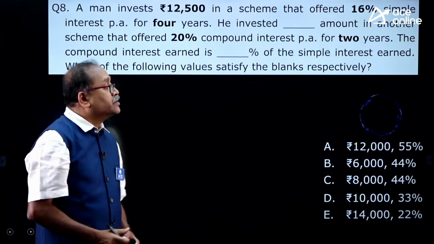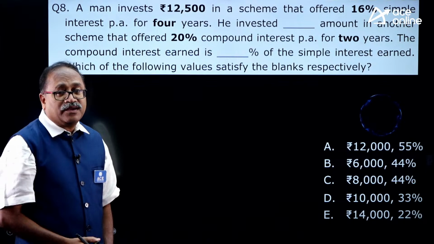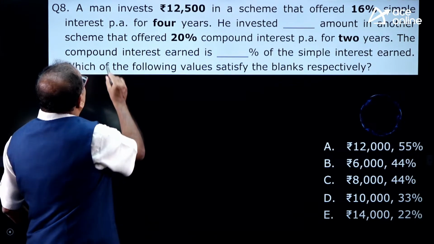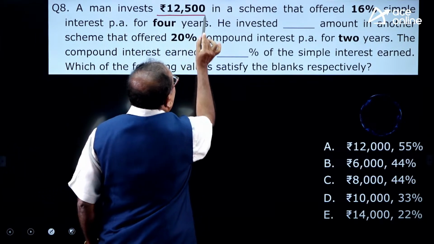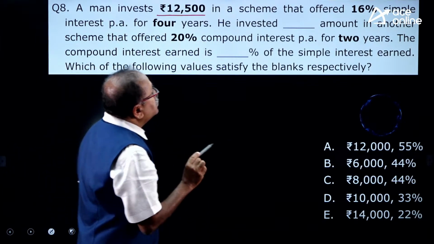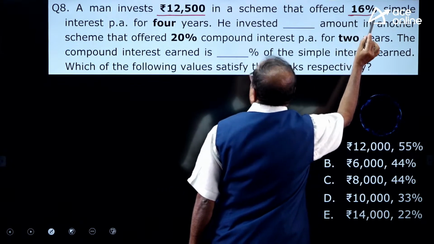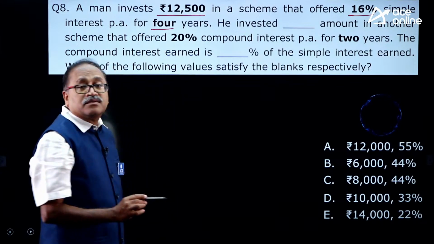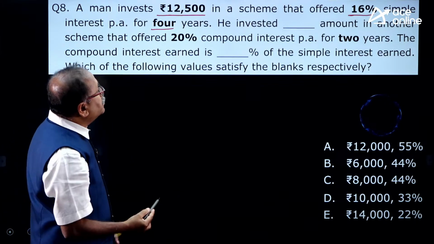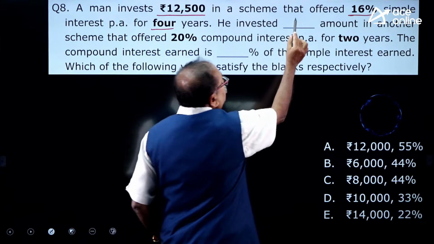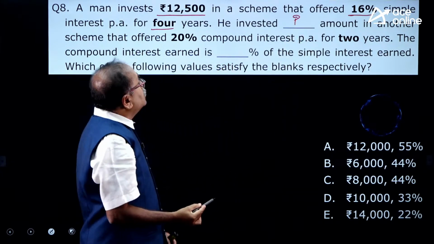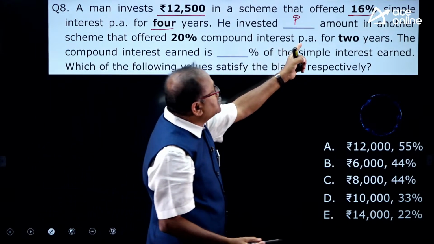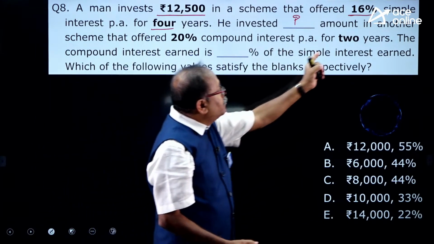And that is this. Okay. Fill in the blank. Let's see if Pawan can answer this question. A man invests rupees 12,500 in a scheme that offered 16% simple interest per annum for 4 years. So I can find out the interest over here. He invests P rupees in another scheme that offered 20% compound interest per annum for 2 years.